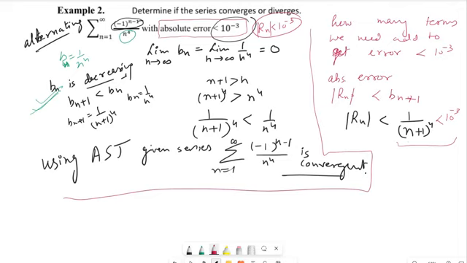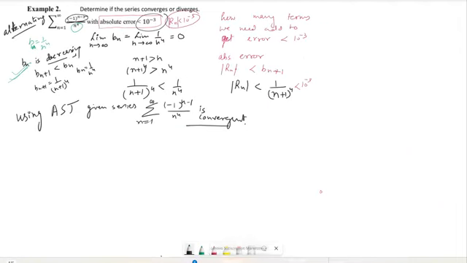But we are good enough if we can just find the nth term which is less than 10 to the power negative 3. How do we do that? To do that, I'm going to calculate B1. What was B1? B1 is 1 by 1 to the power 4. That is just 1. Then I'm going to calculate B2, which is 1 by 2 to the power 4.